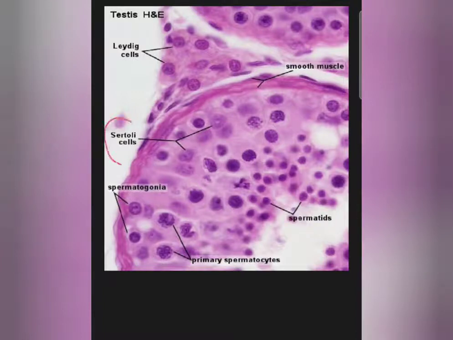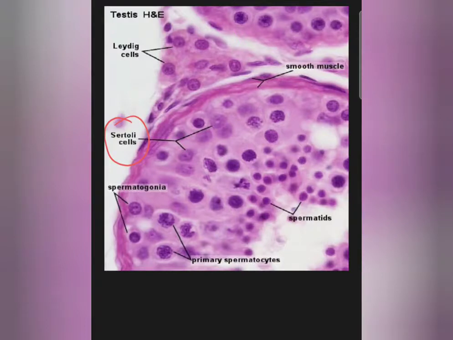The second type is the Sertoli cells. You can look at the labelings: they are elongated columnar cells scattered in the spermatogonia layer, the first layer of spermatogenic cells, that is around the periphery of the seminiferous tubules. What is the function of these cells?